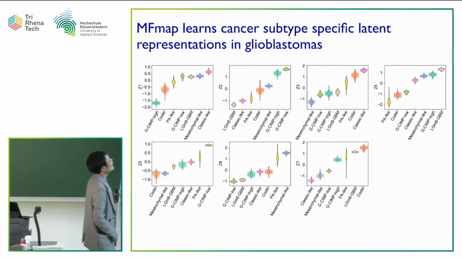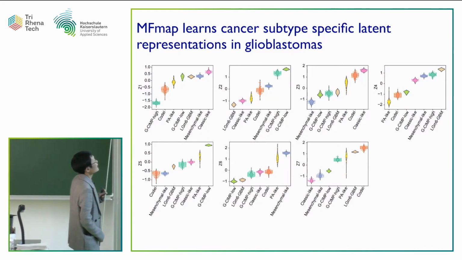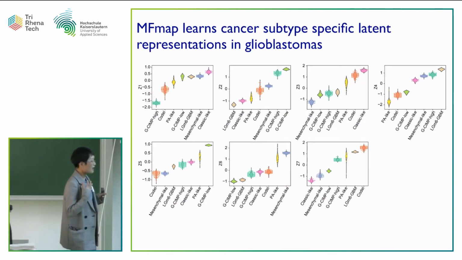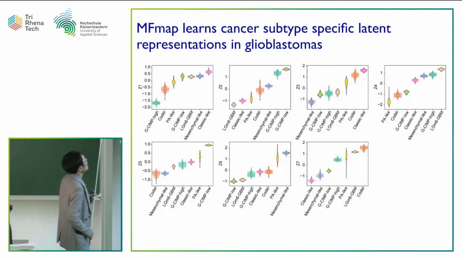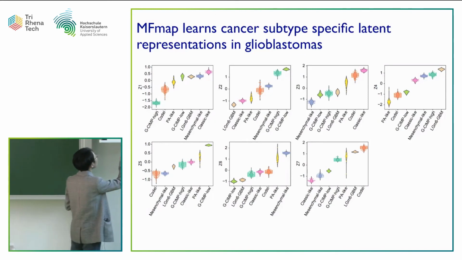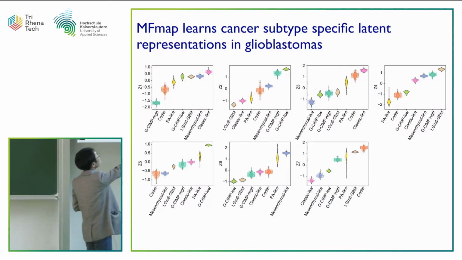MFmap extracted latent representations have some biological meaning. I argue that the answer is yes. For example, the GCIMP high subtype has a relatively low C1 score and relatively high C2 score.